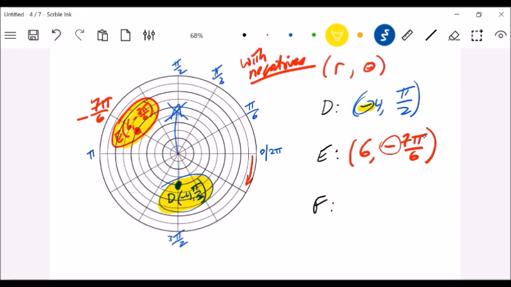Okay, I think I got enough filled in here. All right, now let's do F, which is going to be negative 6, so that will go the other direction, and it'll be this negative pi over 6.